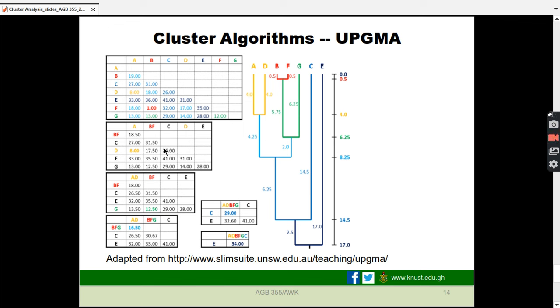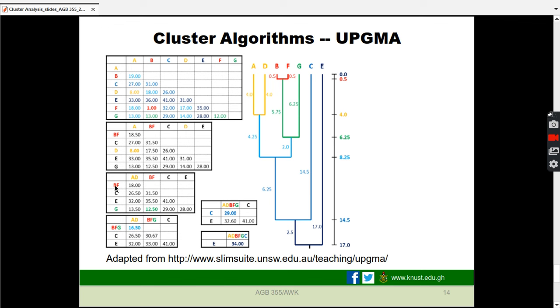So this is how you do it for the whole data. You continue combining, putting them in groups, finding the least. After we have done our computation here, the least is 8, which is between A and D. So you put A and D together, and you repeat the same step.